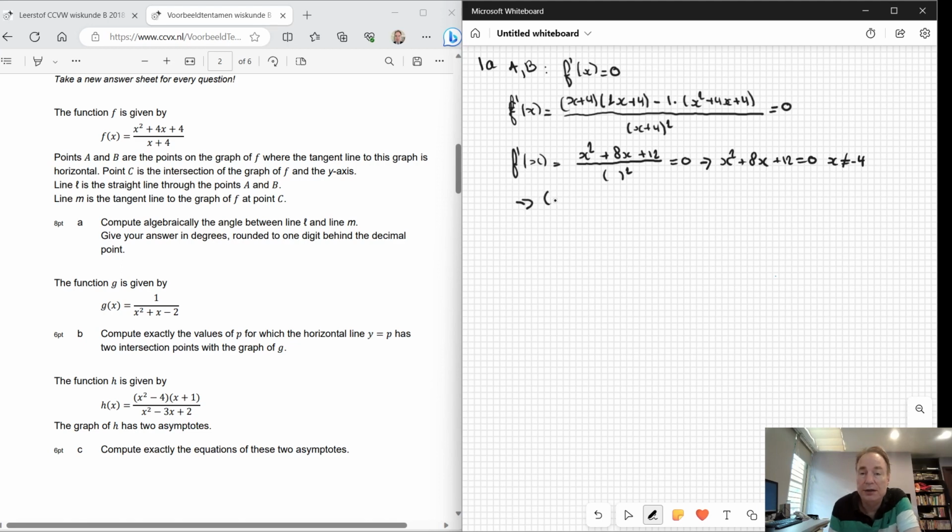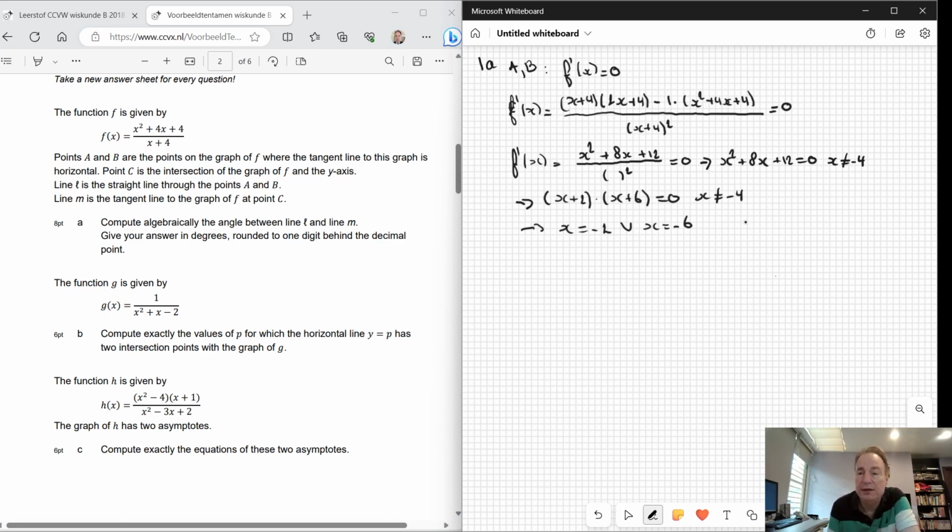So this is simply x plus 2 times x plus 6 is equal to 0, and x not equal to minus 4. This means x equals minus 2 or x equals minus 6. In both cases, x is not equal to minus 4, so these are valid solutions.